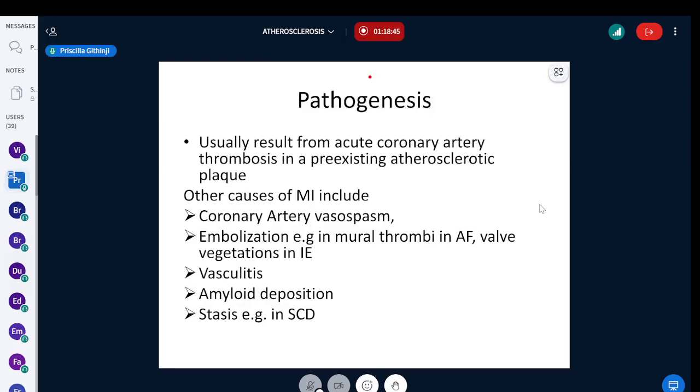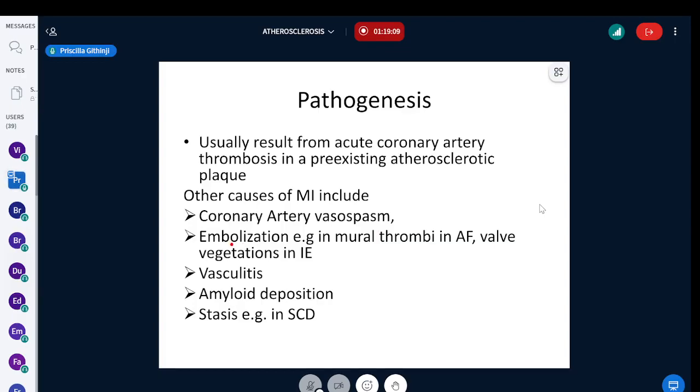So how do you develop acute myocardial infarction? It usually results from acute coronary artery thrombosis in a pre-existing atherosclerotic plaque, though it can occur from other causes. For example, you can have coronary artery vasospasms, or you can have embolization.